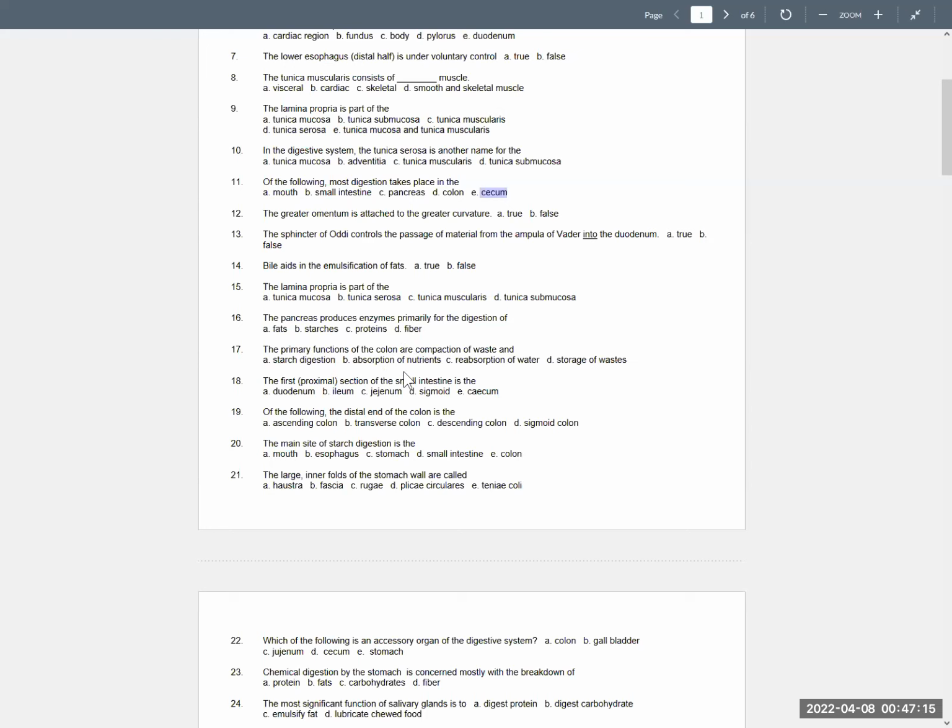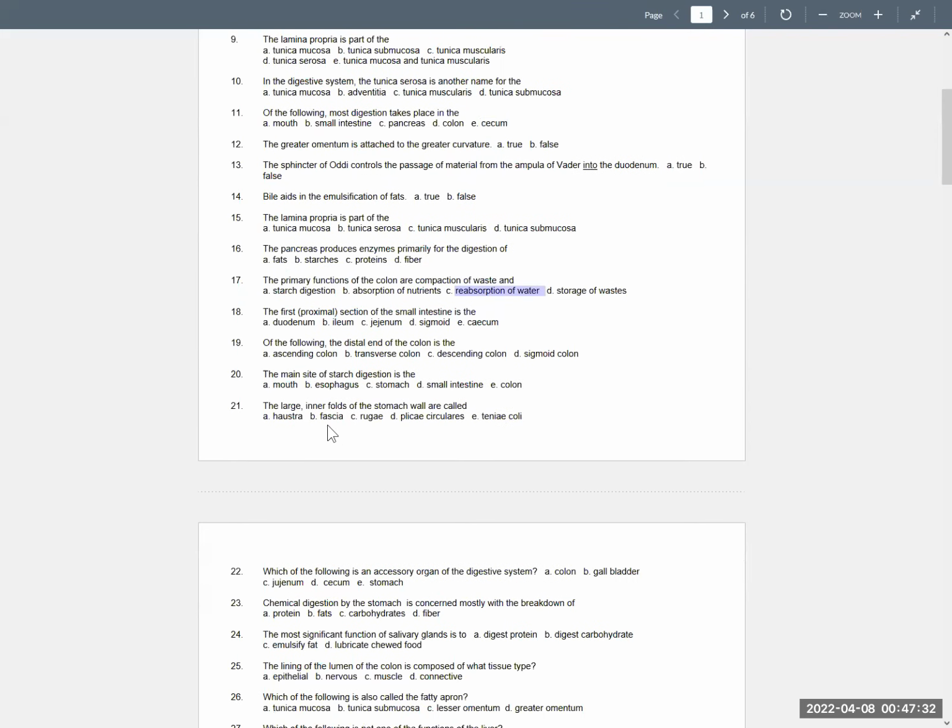The primary function of the colon is compaction of waste and which one of the following four? Reabsorption of water. That's the major function of the colon, reabsorption of water. The first or proximal section of the small intestine.